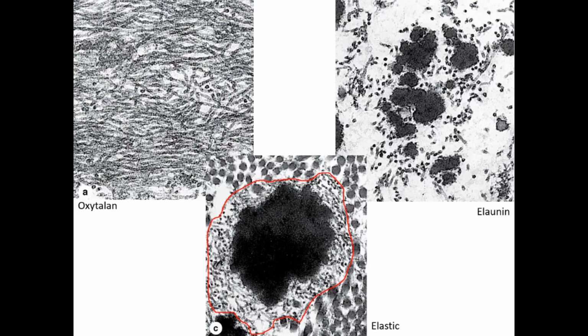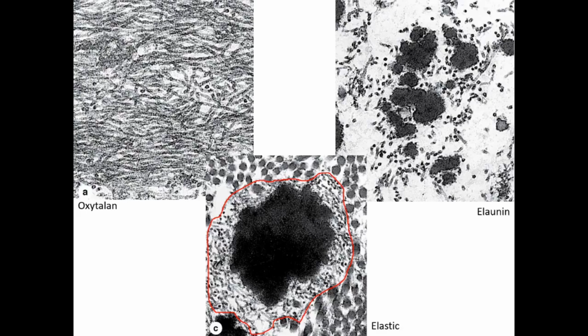Another real picture also shows us the elastic fiber formation. In the first step, we have a formation of microfibrils from fibrillin. You see the longitudinal section of these microfibrils, and they make a scaffold for deposition of elastin protein. In the next step, you can see the deposition of elastin between the microfibrils.